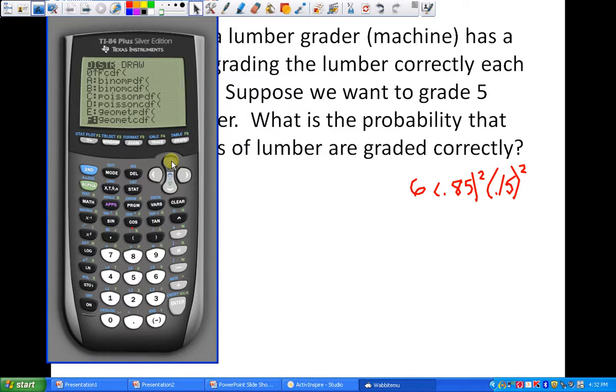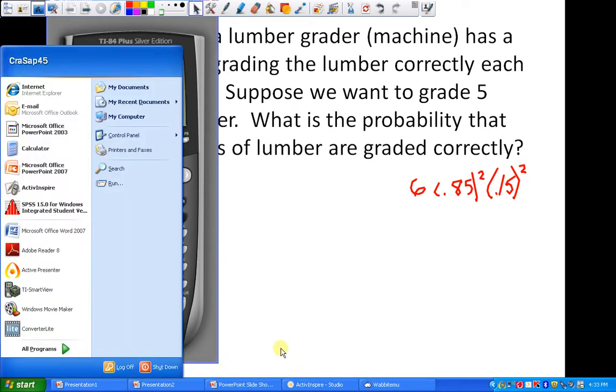Go back up to binomial PDF. This time we have 5 trials, and we want to find the probability of getting 4 successes. So just so you see that one more time, that gives us that.